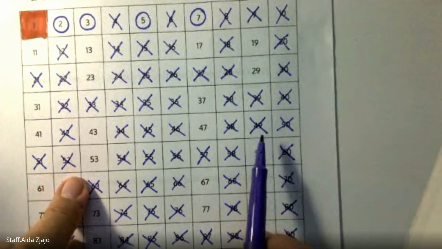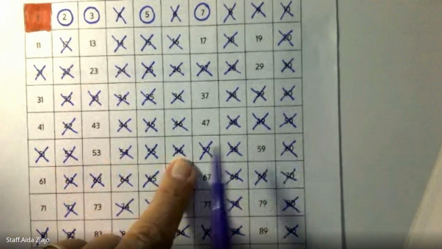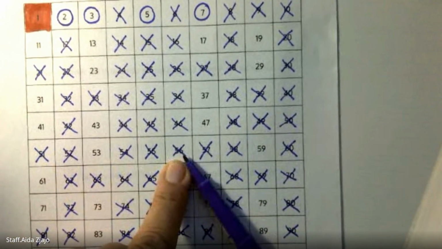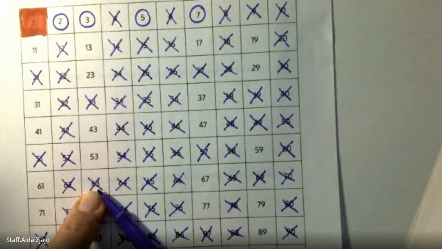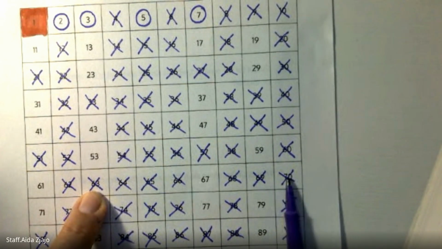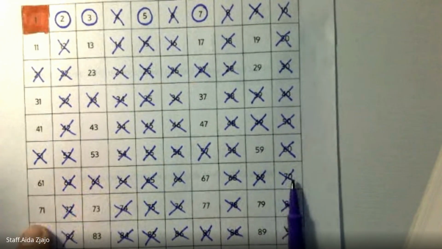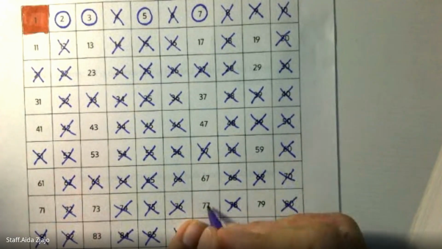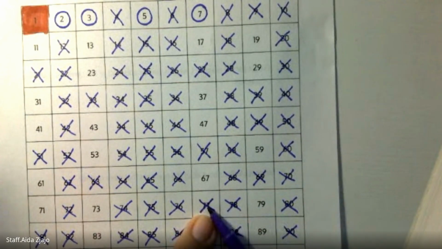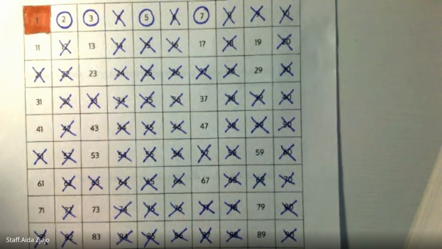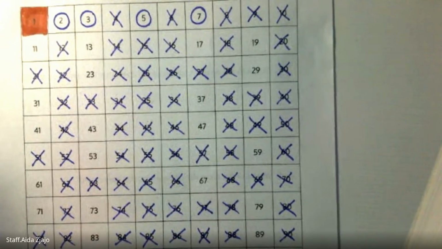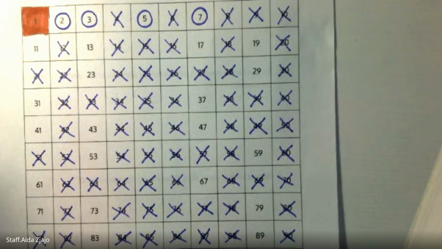49 and 7 is 56, and then 56 and 7 is 63, and 63 and 7 is 70, and then 77, and 77 and 7 is 84. 84 and 7 is 91, and 91 and 7 is 98.